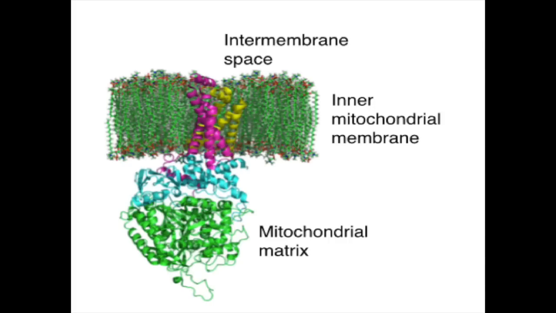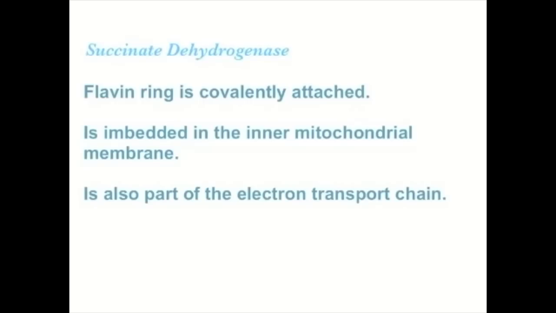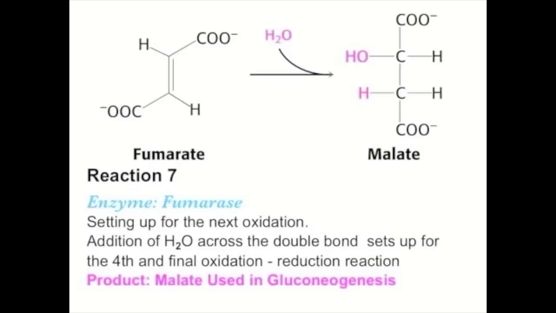This allows succinate dehydrogenase to function both in the TCA cycle and in the electron transport chain. In reaction number 7, we're going to hydrate fumarate to form malate. We're going to add water across the double bond to set up for the final oxidation of the TCA cycle, and the product is malate.